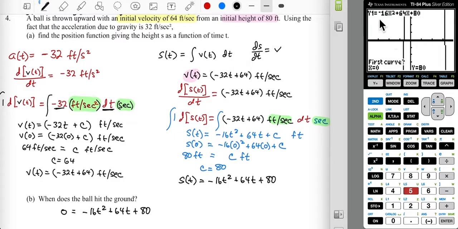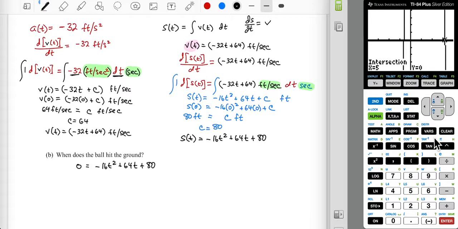The first curve is the parabola, second curve is the horizontal line, and then I would just right arrow until I'm closer to the intersection I want than the one I don't want, in which case it spits out the intersection, which actually is 5. I guess there's something off with my tick marks. So t equals 5 seconds.